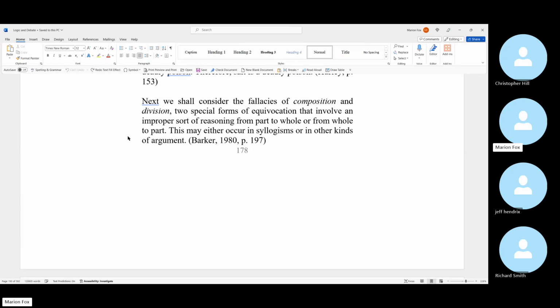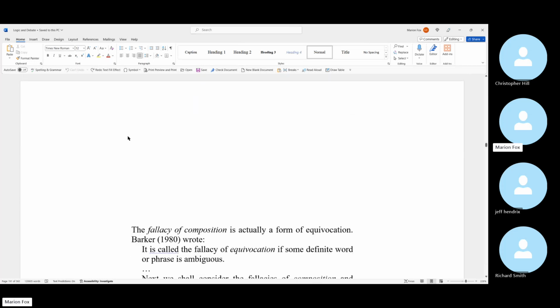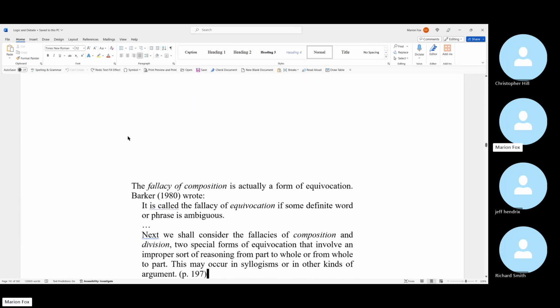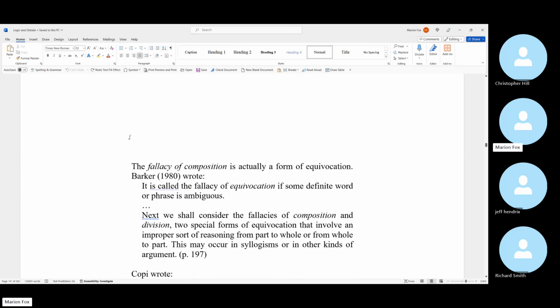The whole is not necessarily poisonous. We shall consider the fallacy of composition and division, two special forms of equivocation that involve an improper sort of reasoning from part to whole or from whole to part. And they may occur in syllogisms or other kinds of arguments. So we have it in syllogisms, we also have it in indirect arguments.